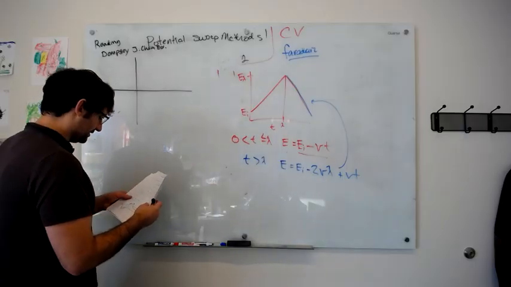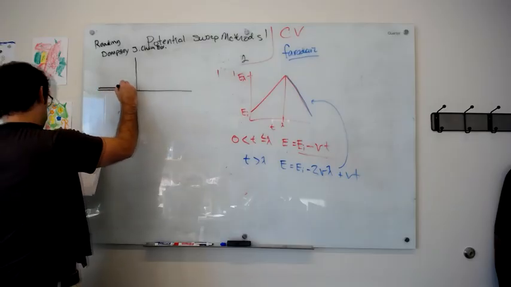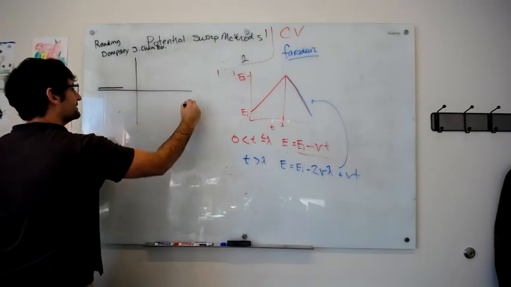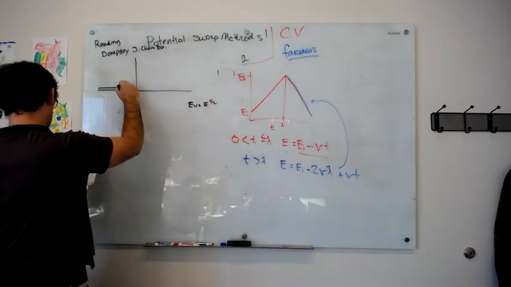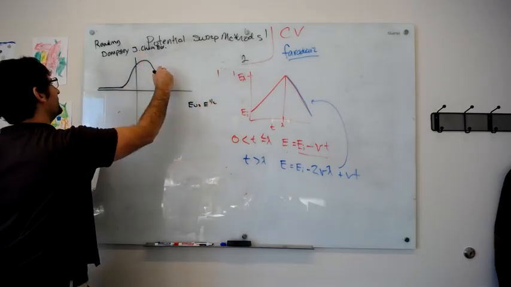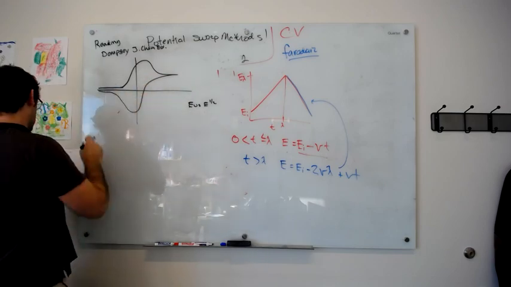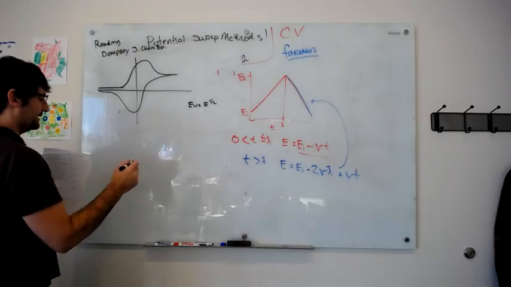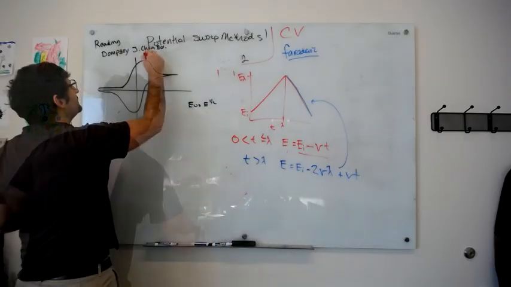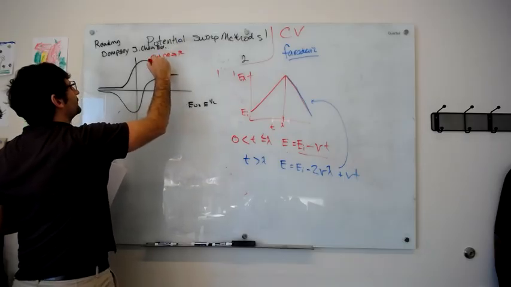So if you have a Nernstian system, what we get on the forward sweep, I'm going to plot this as E versus E_1/2. On the forward sweep, we get a peak. And then on the reverse sweep, I'm going to get a peak too. And so this is interesting. I can basically study now O plus n electrons going to R on the forward sweep.